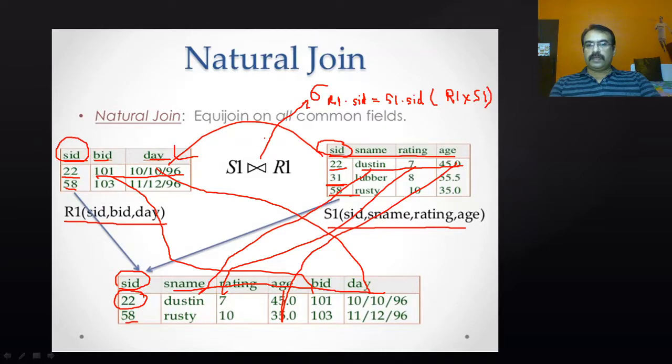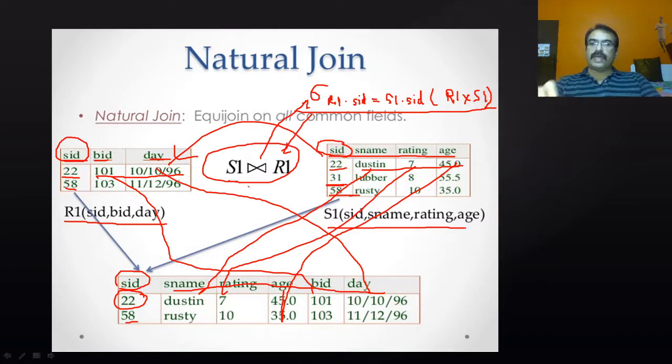Fine. So SID is common, and I am imposing an equality condition on the Cartesian product of R1 and S1. So this expression is equivalent to this expression. Okay, are you understanding me now? So natural join happens in that case.